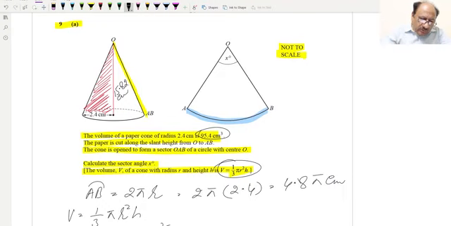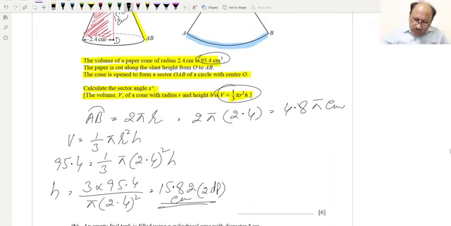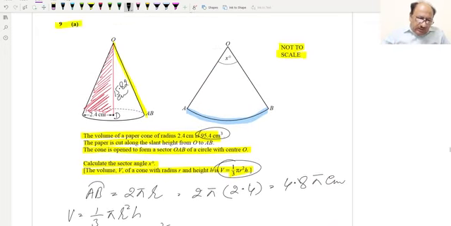15.82 centimeters. This is O, and we can say this as, for example, D. So OD will be equal to 15.82. Now we need to calculate the slanting height, and slanting height will be which one? This will be this height.